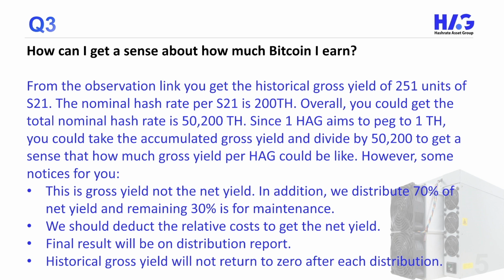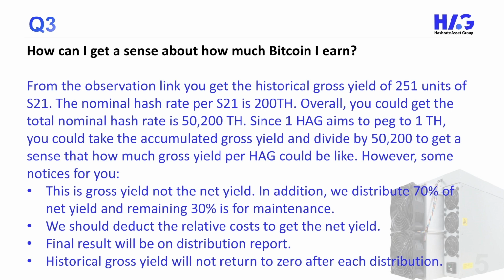But you should take special notice that we distribute the net yield, not the gross yield, right? And also we only distribute 70% of the net yield, not 100%, because the remaining 30% is for the maintenance to make sure that the terahash per second is sustainable enough.